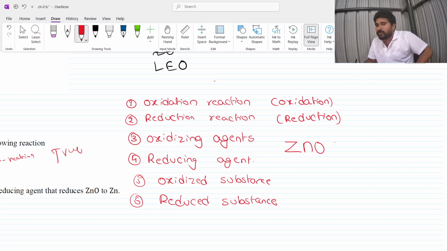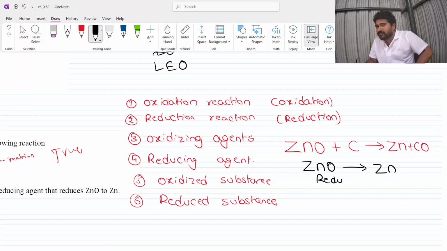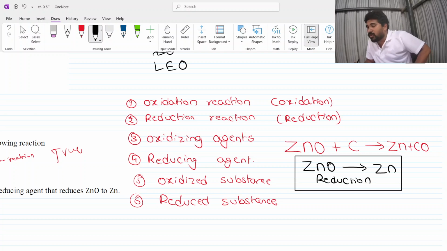ZnO plus C gives Zn plus CO, correct. In this, check ZnO becoming Zn comes under reduction. What does it come under? Reduction reaction. Understood everybody?